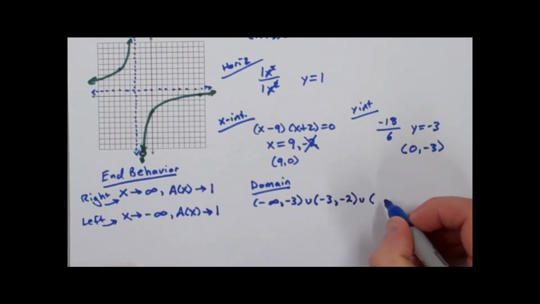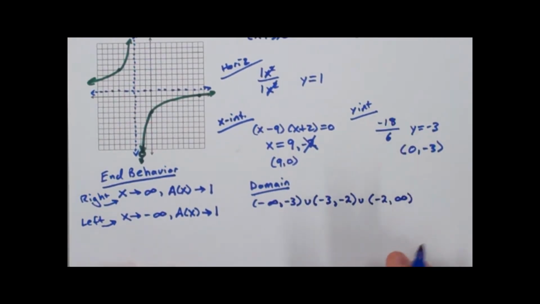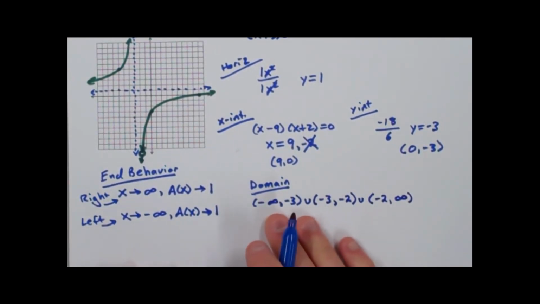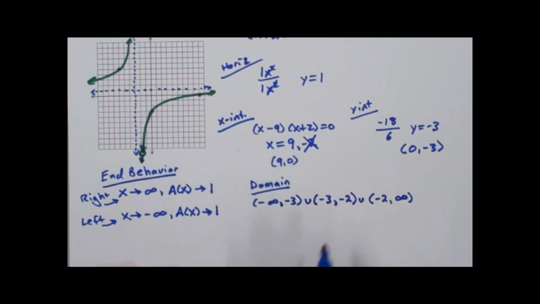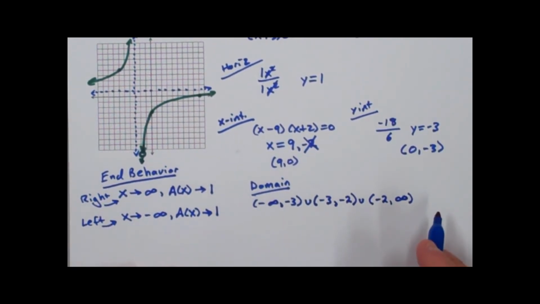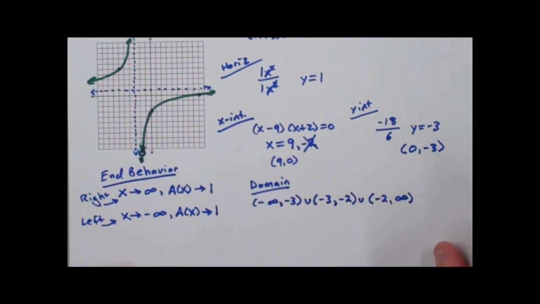We'll write the union symbol again, and then we'll go -2 all the way to infinity. If we look at this interval notation right here, we're excluding two values. We're excluding -3. We don't want to write the brackets. And then here we don't want to write brackets. We want to exclude -2, but anything else will work. You can also do this in set builder notation, but for now interval notation will be fine.